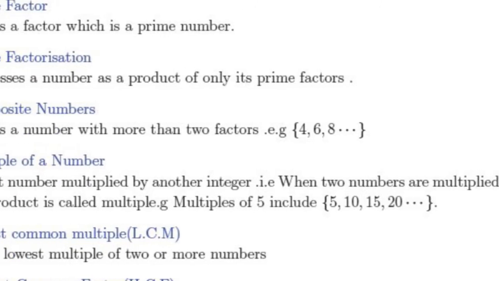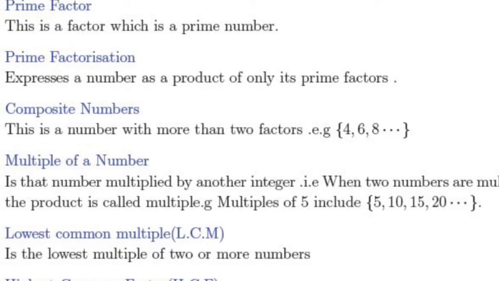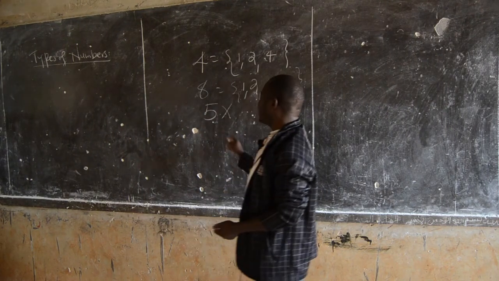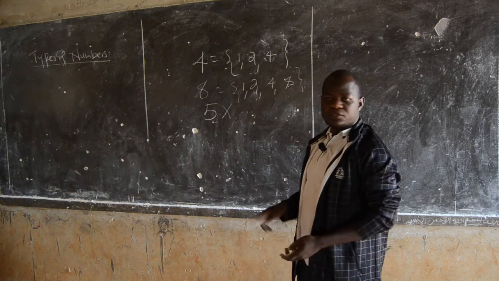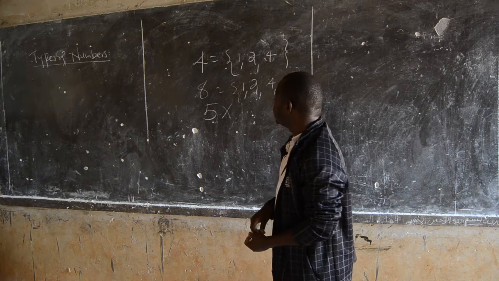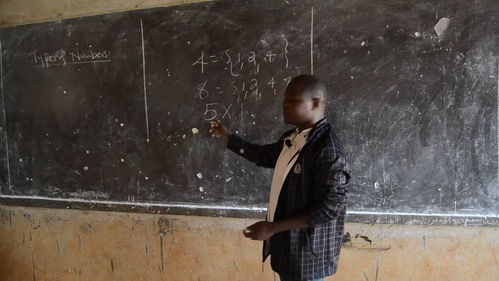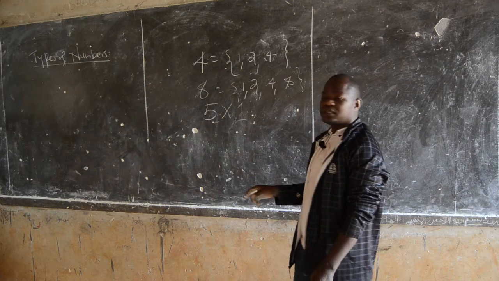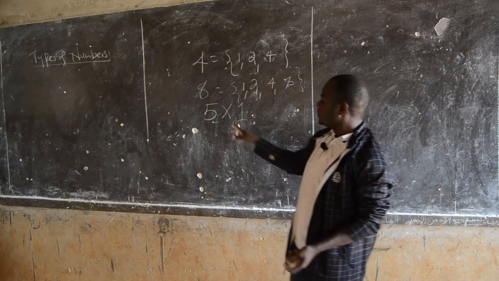We get that number and we multiply. We are going to see this later on. For example, if I want to get multiples of 5, I start multiplying 5 by the counting numbers. You look at the chalkboard and see, yes, multiples of 5, we multiply 5 by these integers, all the counting numbers.